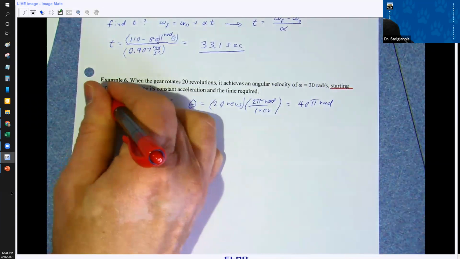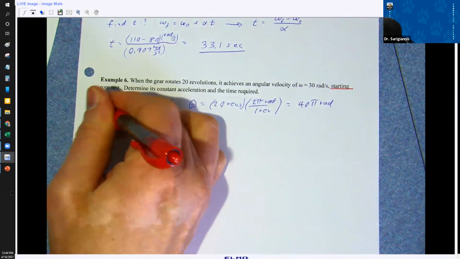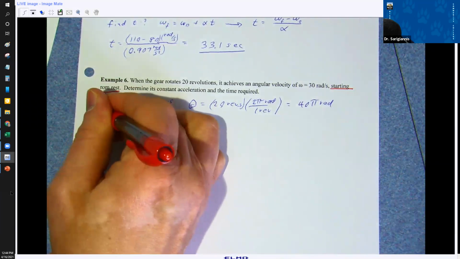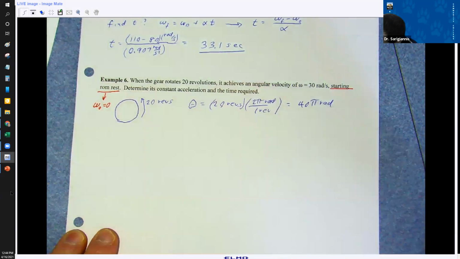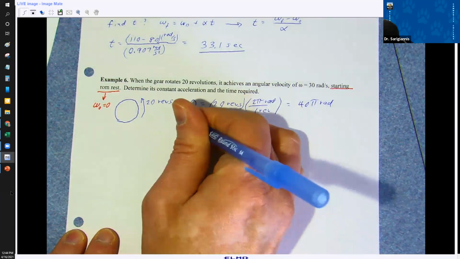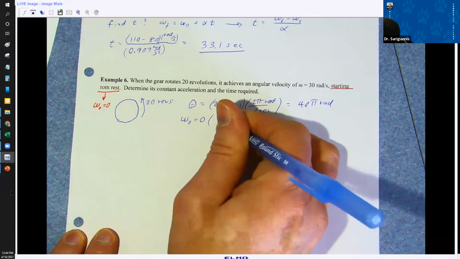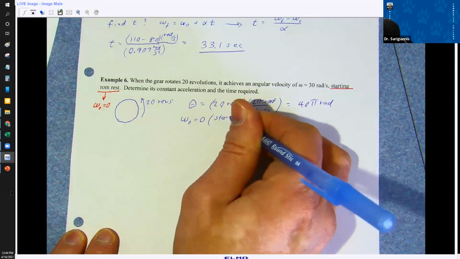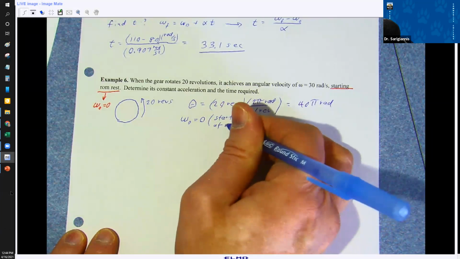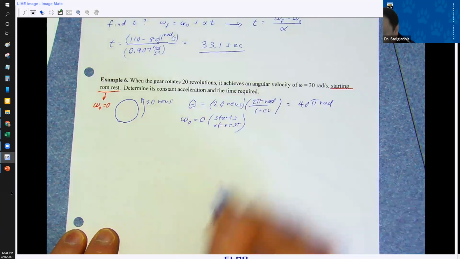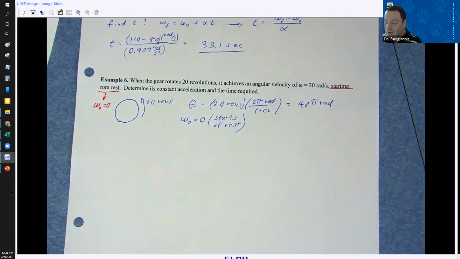Starting from rest, right? This is telling us omega naught is equal to 0. Starts at rest just means it has no initial velocity, angular or otherwise.